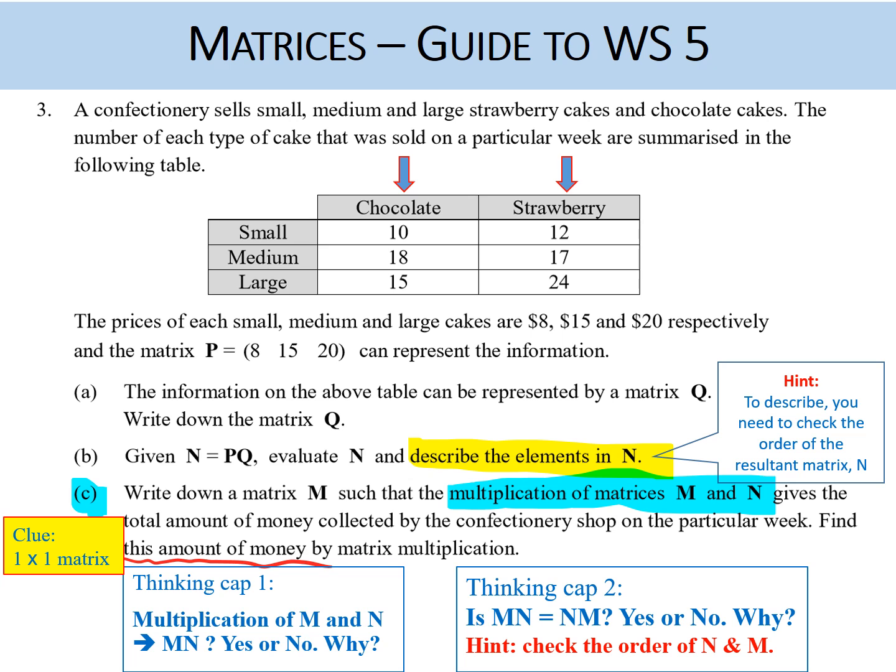So when you check the order of the two matrices, multiply them and to see what is the resultant matrix that you should get. And I have given you the clue earlier on. At the end of the answer, you should derive a 1-by-1 matrix. So this question, I would like you guys to try and submit the work, and I will comment from there.